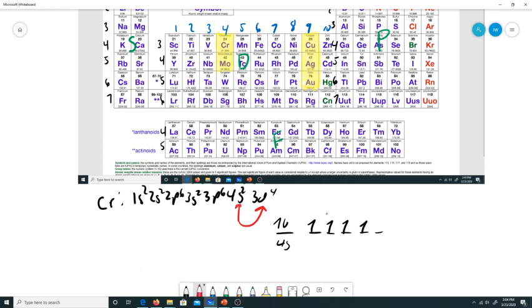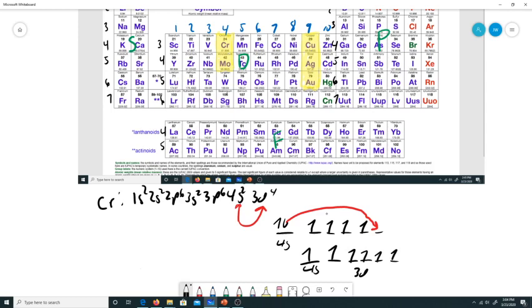It turns out that one of these guys here gets moved to there. So now I end up with my 4s with 1 electron, and my 3d orbitals, each of them now are halfway filled.